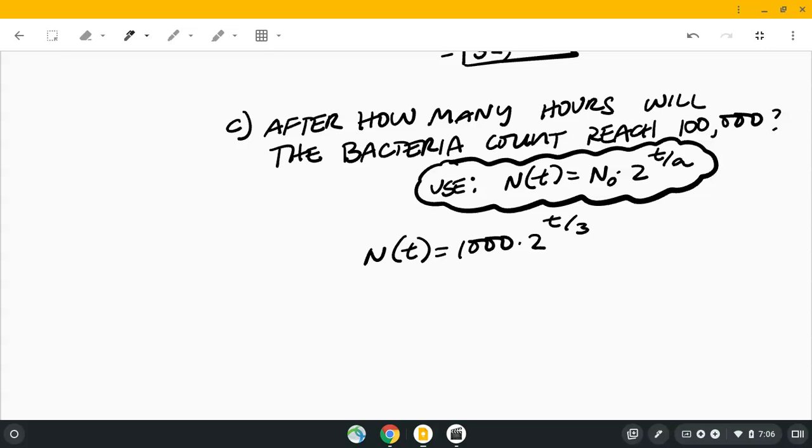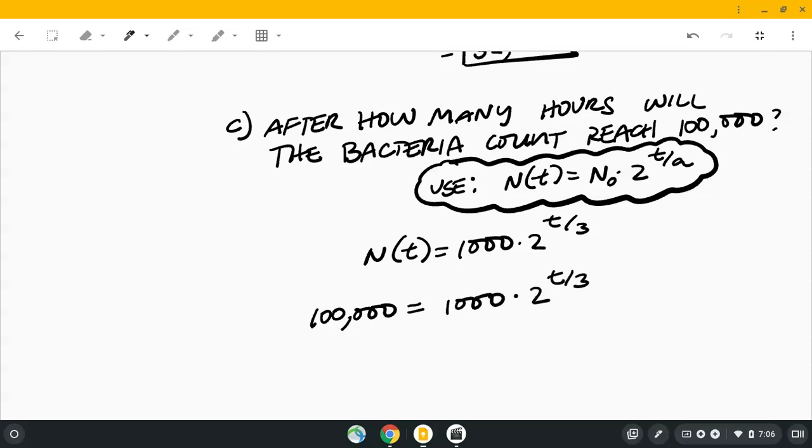This question is asking us to solve for t, the time. We want to know how long it will take for the final amount to reach 100,000, so I'm going to put 100,000 here in the final amount position, and solve for t.